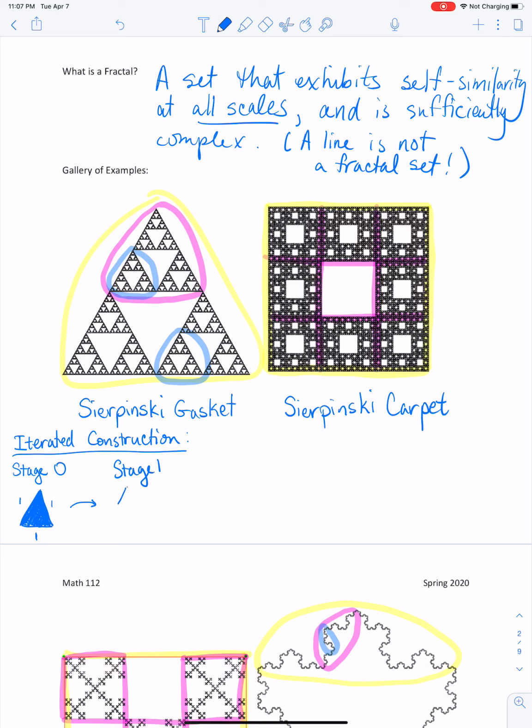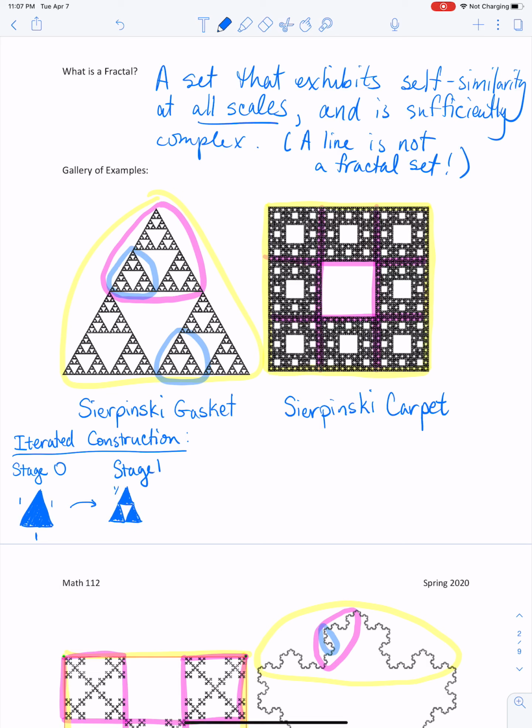So I would take 3 triangles and glue them all together.